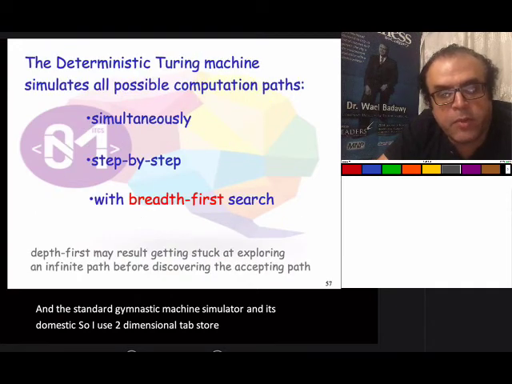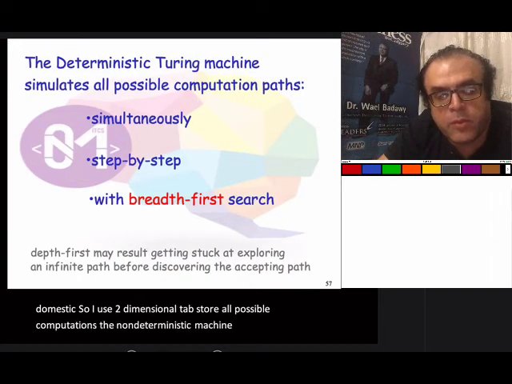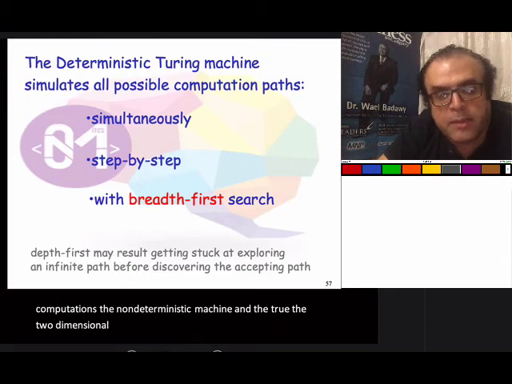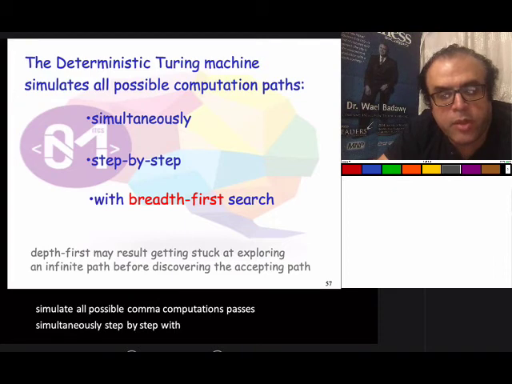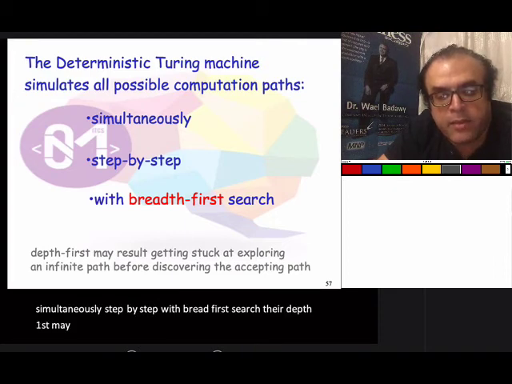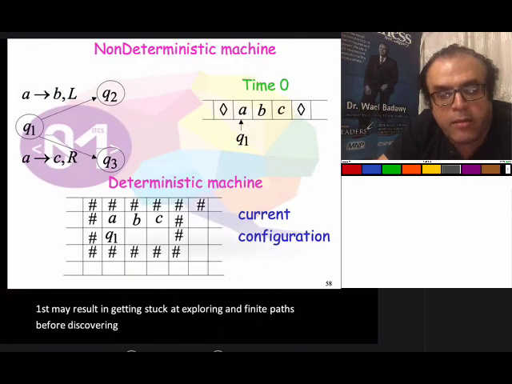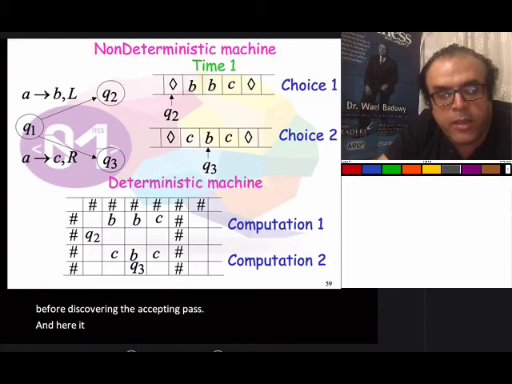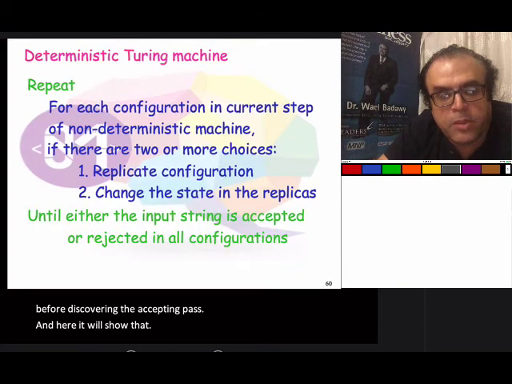The deterministic Turing machine simulates all possible computation paths simultaneously, step by step, with breadth-first search. Depth-first may result in getting stuck exploring an infinite path before discovering the accepting path. And here it will show the different choices, the different computations.